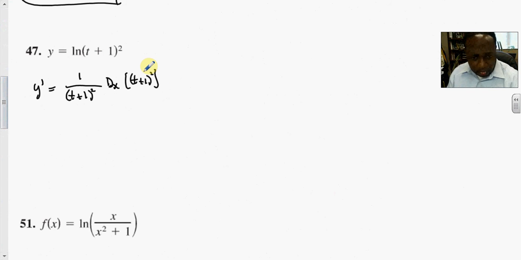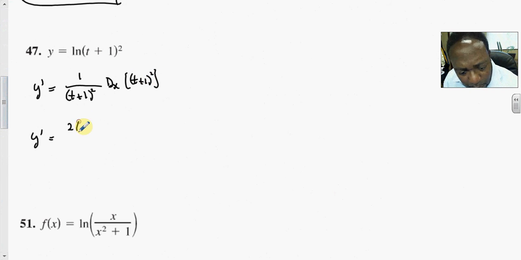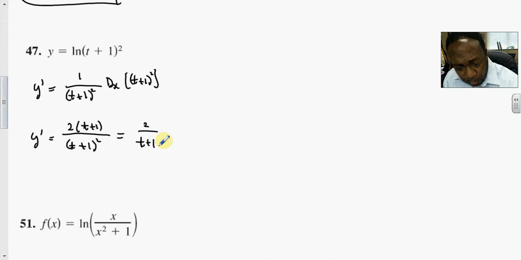On that, you must use the chain rule. So the derivative of this part is 2 times t plus 1, then times the derivative of t plus 1, which is just 1. So this is 2 times t plus 1 all over t plus 1 squared. Simplify that, all we have is 2 over t plus 1.